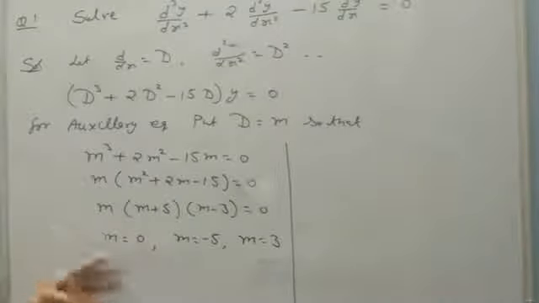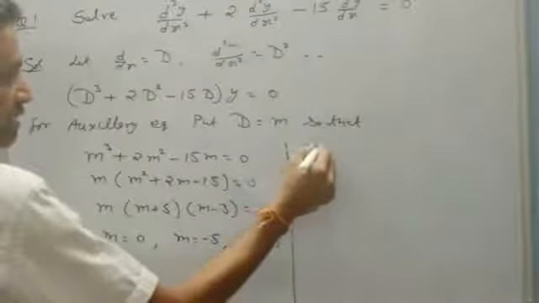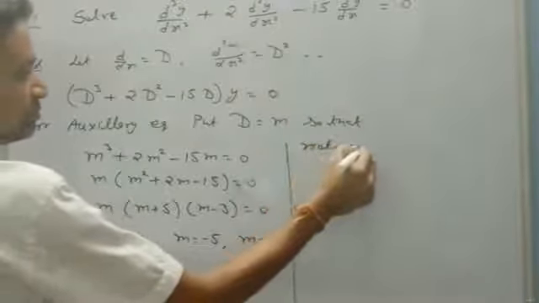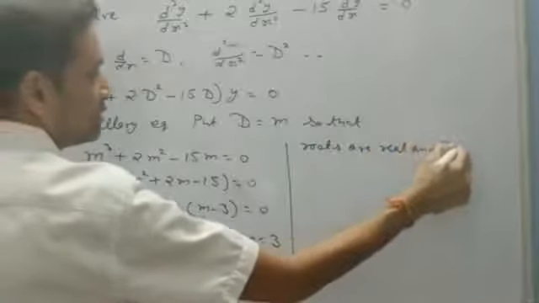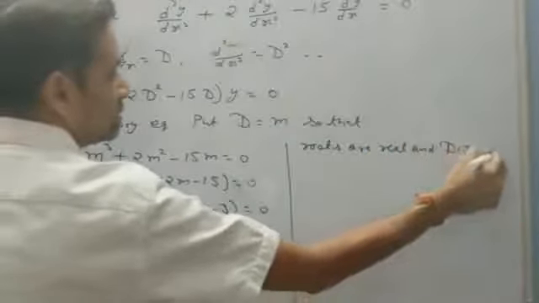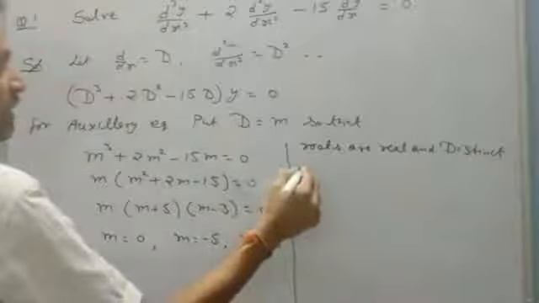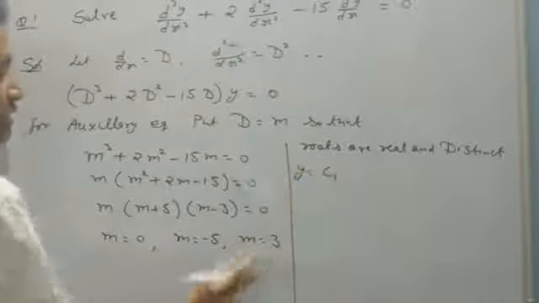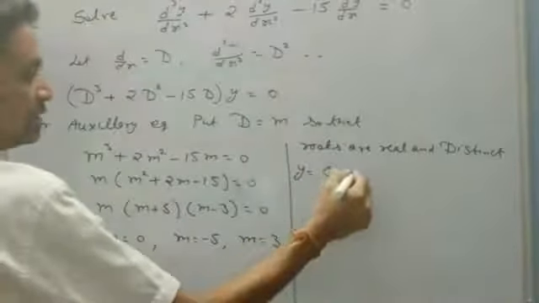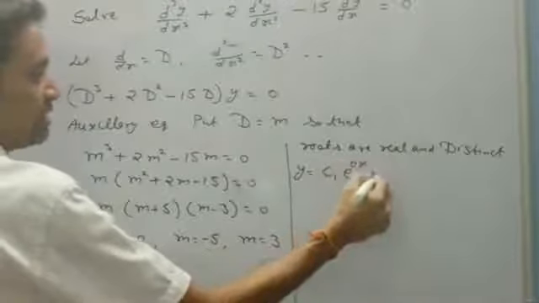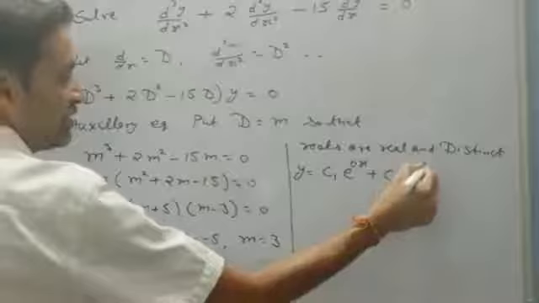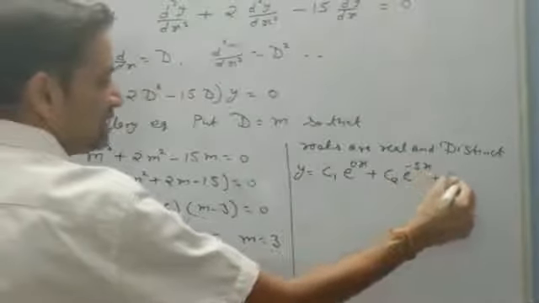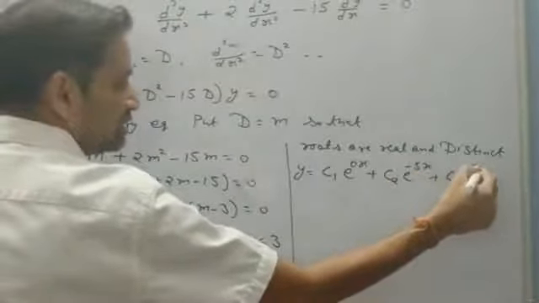As we get all the solutions, we can see here the roots are real and distinct. So for the first case, y will be equal to c1 e to the power 0x plus c2 e to the power minus 5x plus c3 e to the power 3x.